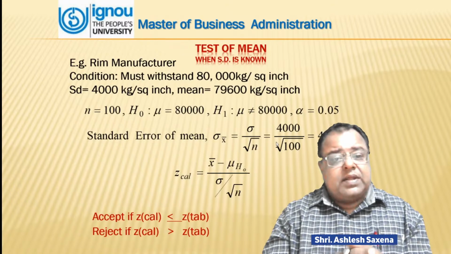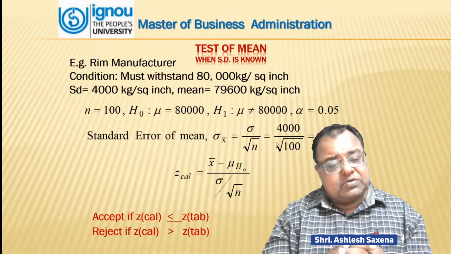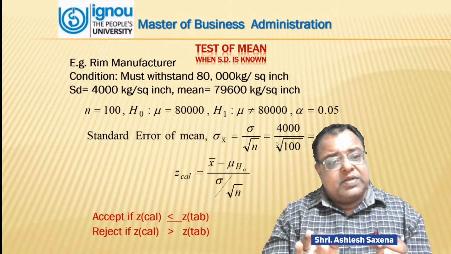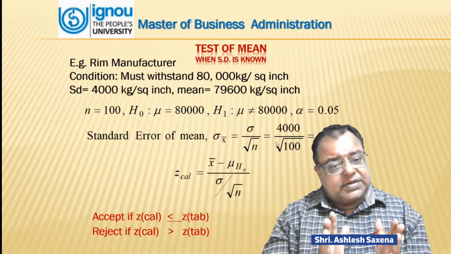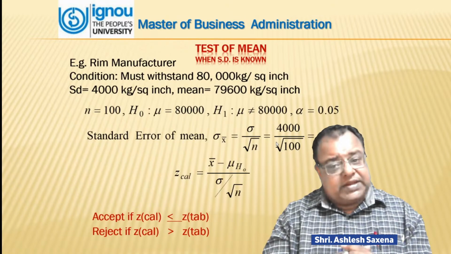The condition must withstand 80,000 kg per square inch of load, the standard deviation is 4,000 kg per square inch, and the mean is 79,600 kg per square inch. N is 100. H0 is mu equal to 80,000, and H1 is mu not equal to 80,000.